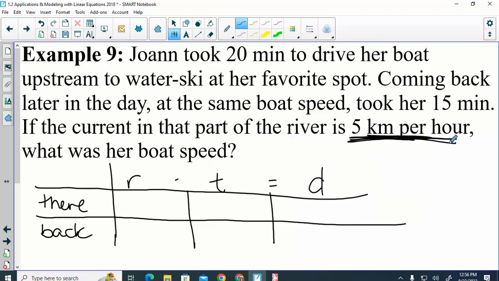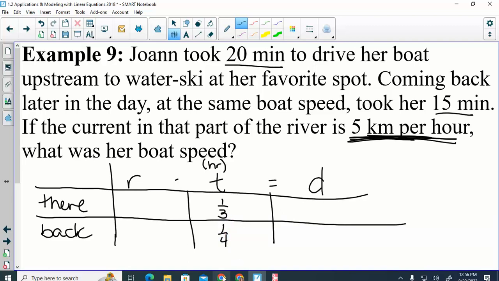The only speed we're given is in kilometers per hour. So our time has to be in hours. So going there, my time was 20 minutes. So how would I translate that into hours? 20 over 60 is 1/3. Coming back was 15 minutes. So that would be?